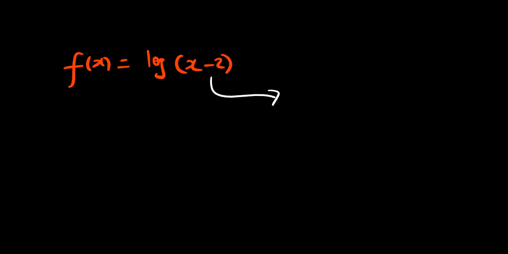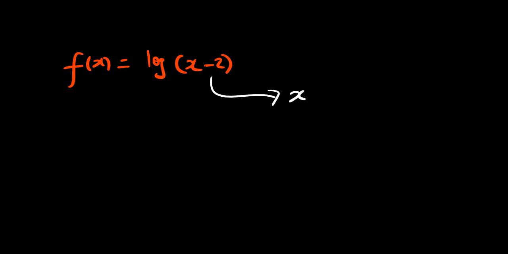Let's solve another one. Let's say you have f of x equals log of x minus 2. How are you going to solve this one? When you have such an expression, you have shifted in the x direction. Because you shifted the x, equate what you have to 0.